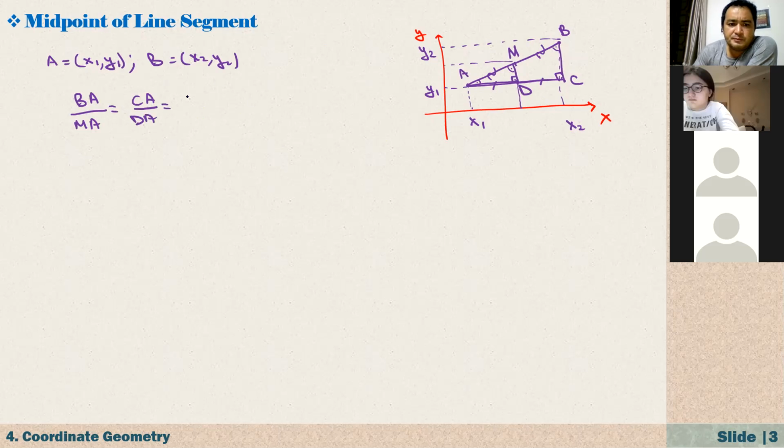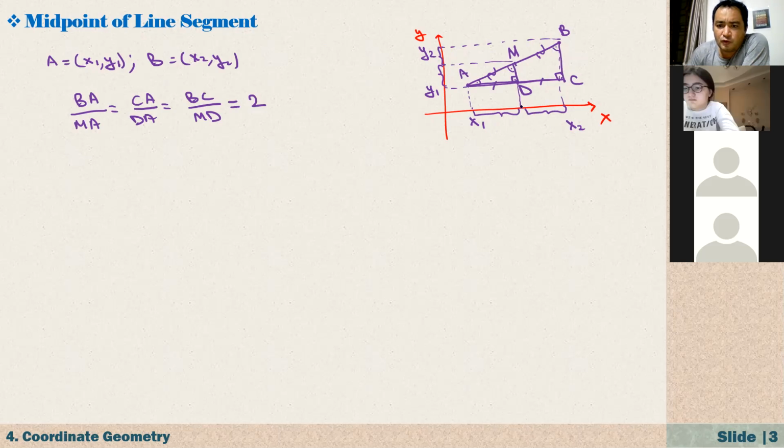At the same time, BC over MD. If two triangles are similar, we know that their corresponding sides are proportional. From here, the scale factor is equal to 2. That's why this line segment should be equal to this line segment, and at the same time, this line segment should be equal to this line segment.